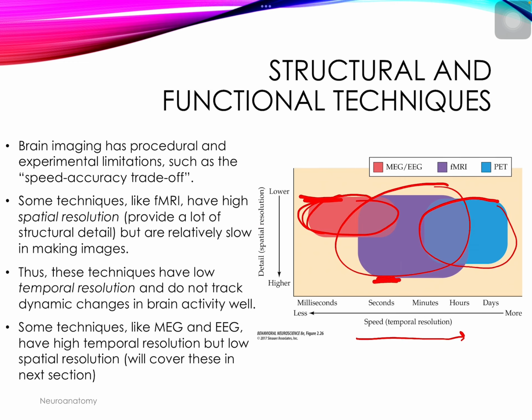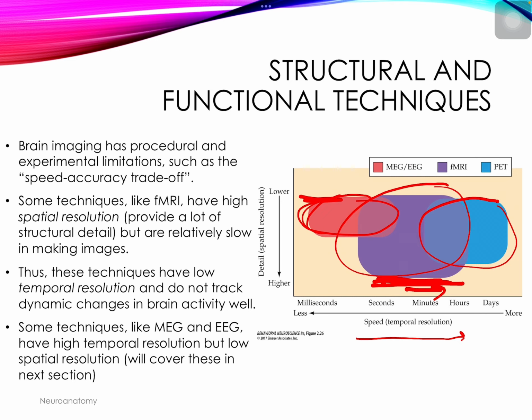Here, fMRI does fantastic. Here, the higher, the lower, it's kind of confusing, means the better resolution, the higher resolution. And then here, taking as many as minutes, hours to really get that speed down, really poor temporal resolution.